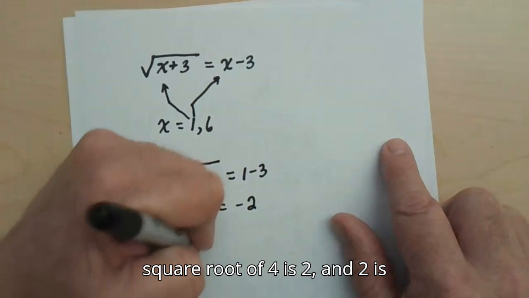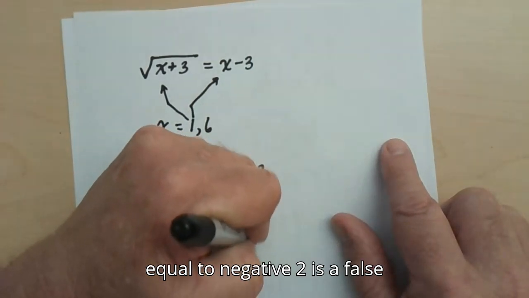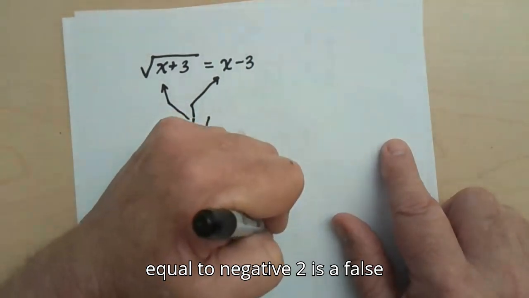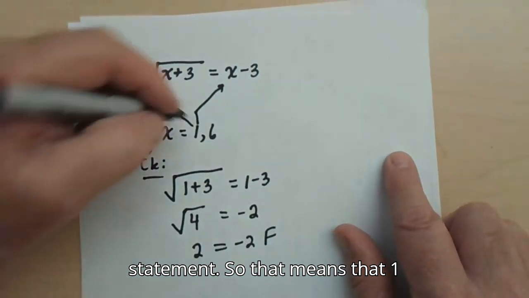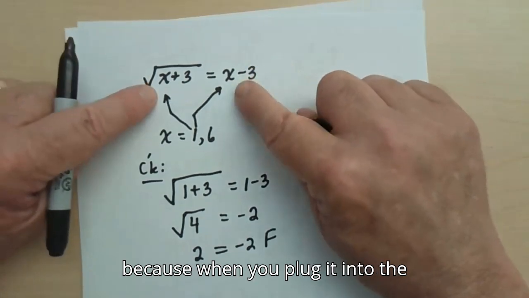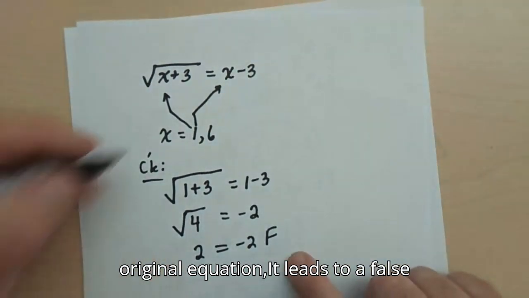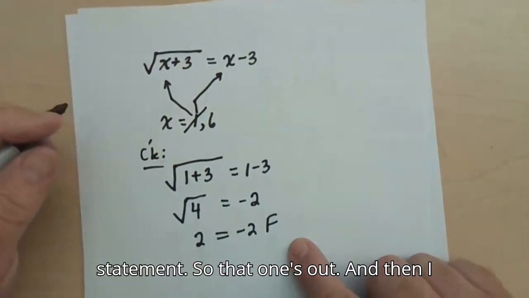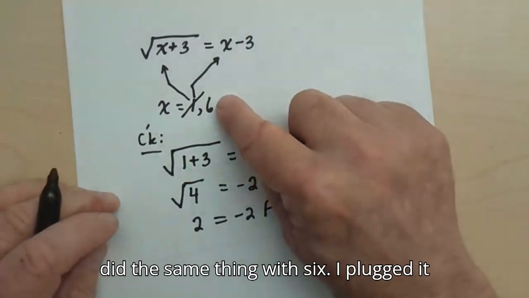But the square root of 4 is 2, and 2 is equal to negative 2 is a false statement. So that means that 1 does not solve this original equation, because when you plug it in, it leads to a false statement. So that one's out.